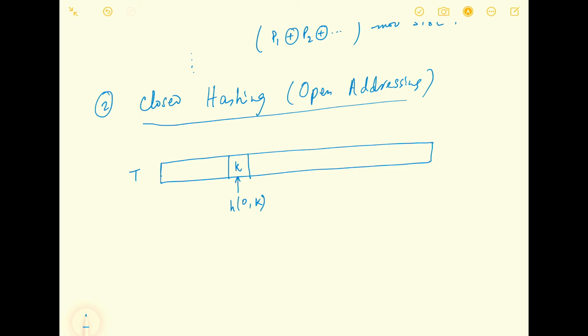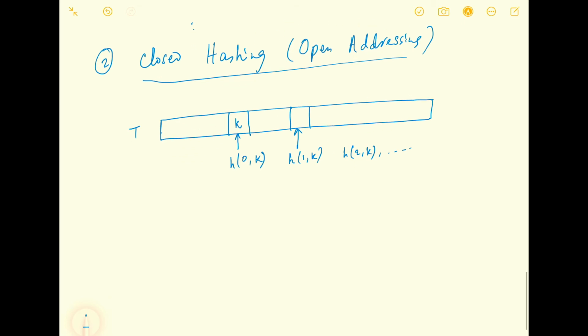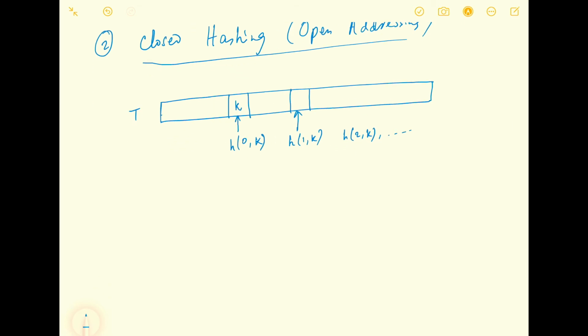First I try h0 of k, and if this cell is occupied, then I try h1 of k, which may be this cell, and I check whether it is empty or not. If this cell is empty, I store k, and I am done. My insert operation is finished. If this cell is also occupied, then I look at h2 of k, and so on. These are the consecutive tries, and that is what closed hashing or open addressing is.